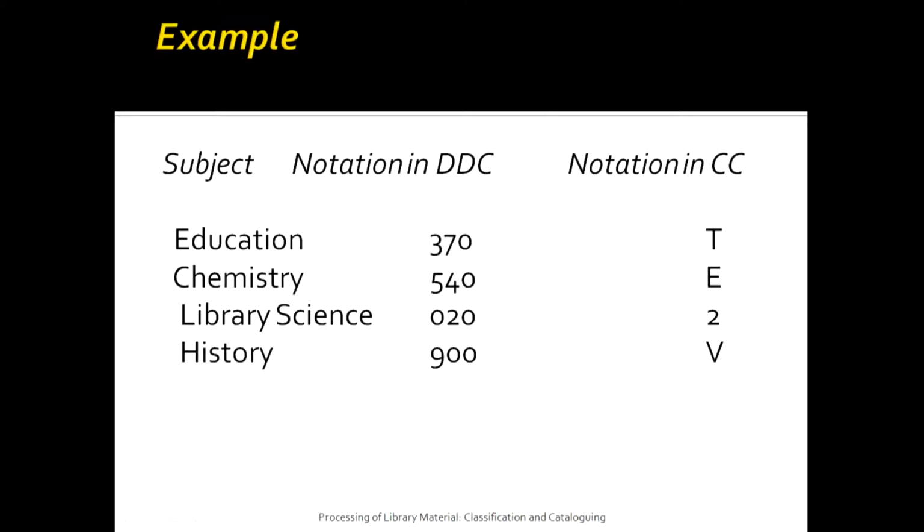Let's take a look at one example. In the subject of education, the notation in the Dewey Decimal Classification is 370, and the notation in the Colon Classification will be T. Then in chemistry, notation in Dewey Decimal Classification is 540, notation in Colon Classification is E. In the subject of library science, in Dewey Decimal Classification, notation is 020, and in CC it is 2.